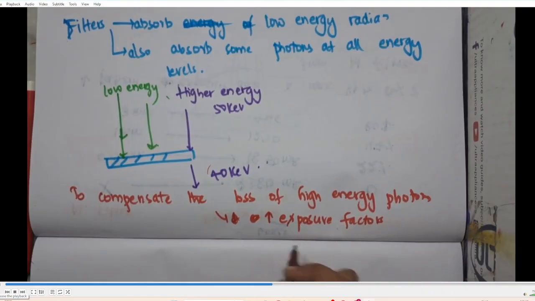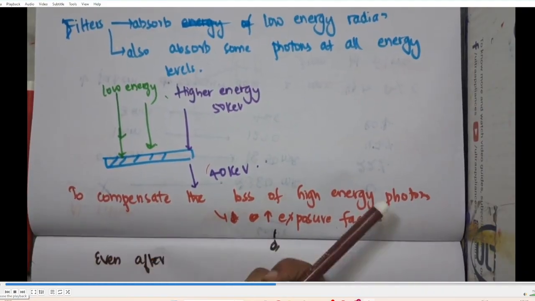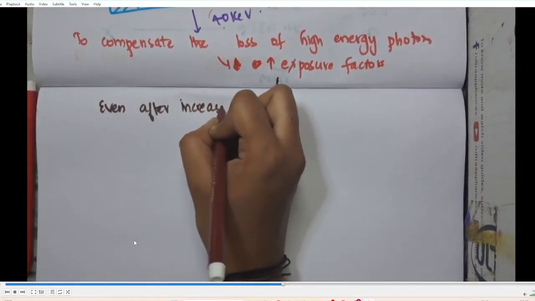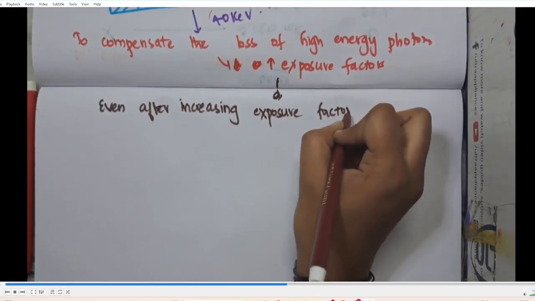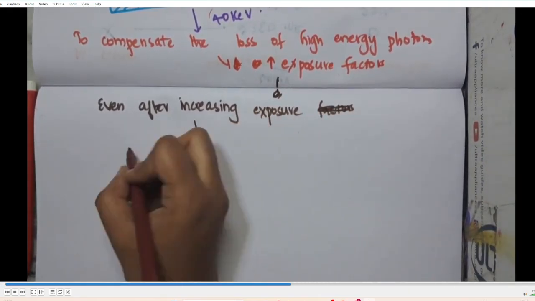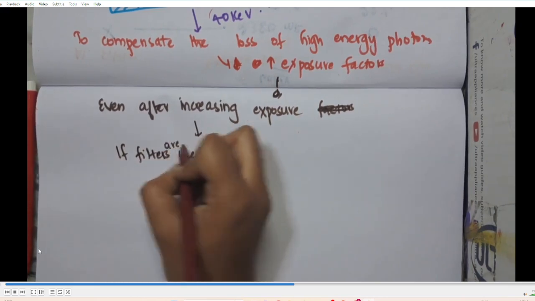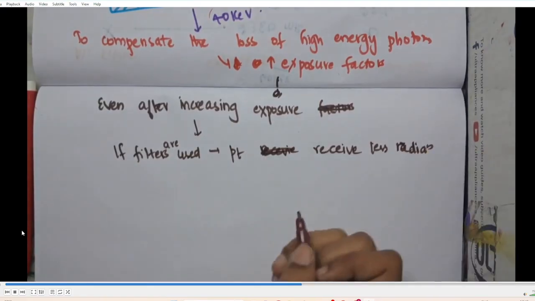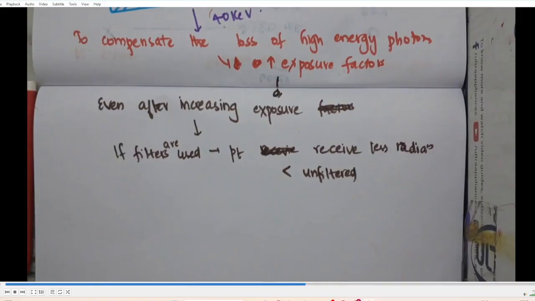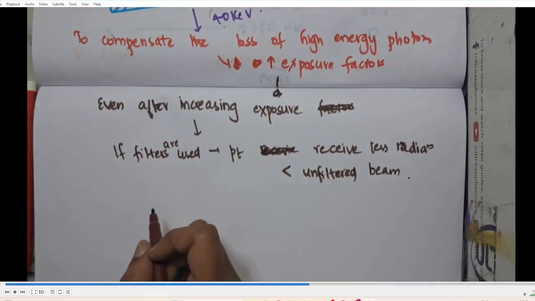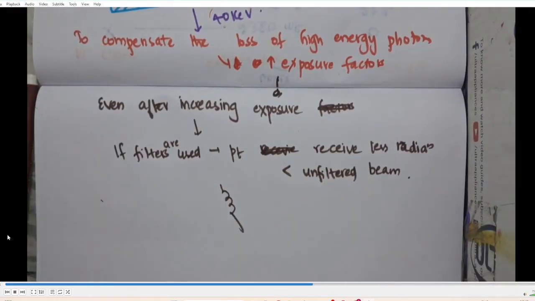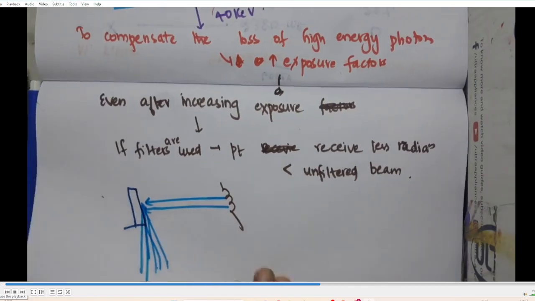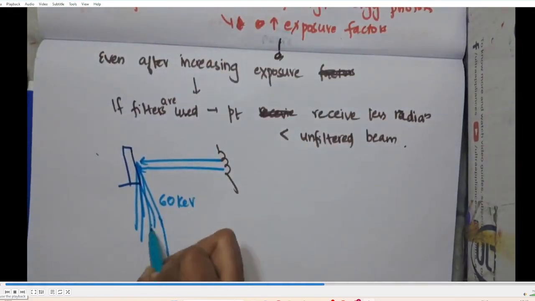Even when it is necessary to increase exposure because of the filtration, the patient receives less radiation than normal. Even after increasing the exposure factors, the patient receives less radiation than he would from the unfiltered beam, because the X-ray tube puts out more photons and filters absorb many of them.